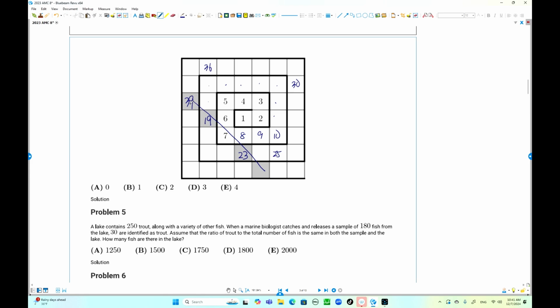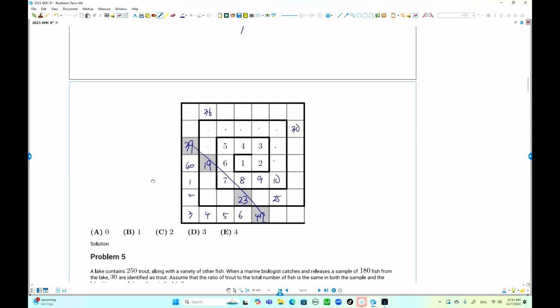And 40, 41, 42, 43, 44, 45, 46, 47. Okay? So over here, how many numbers are prime?